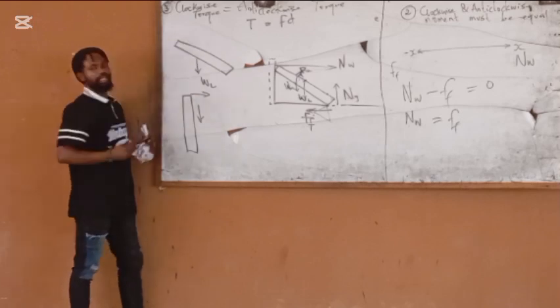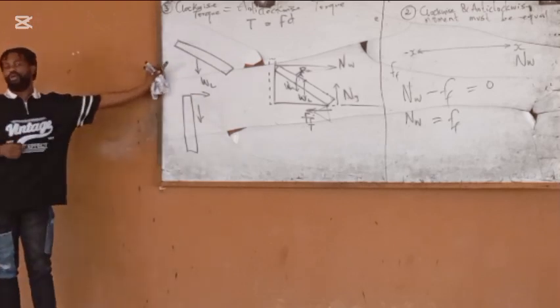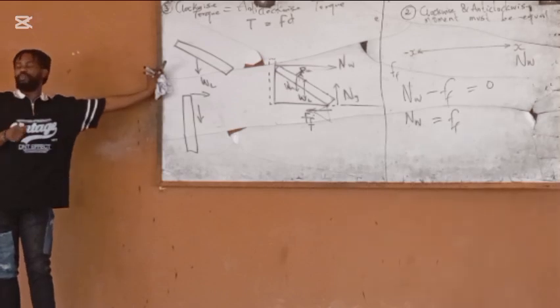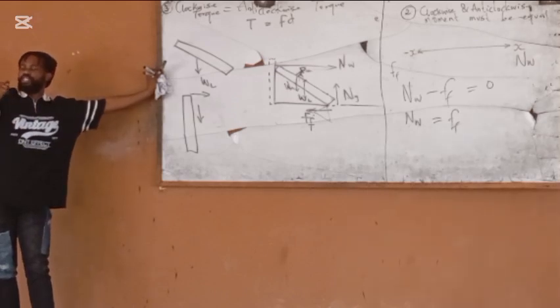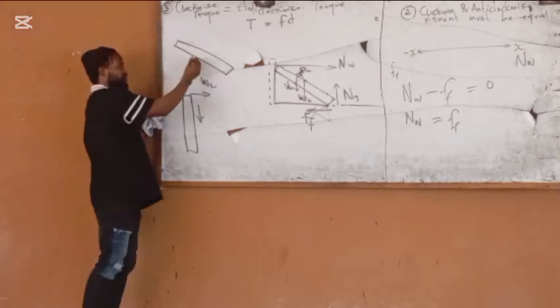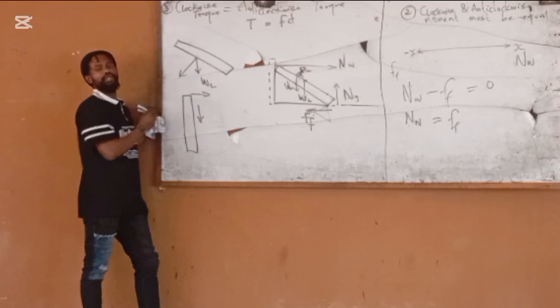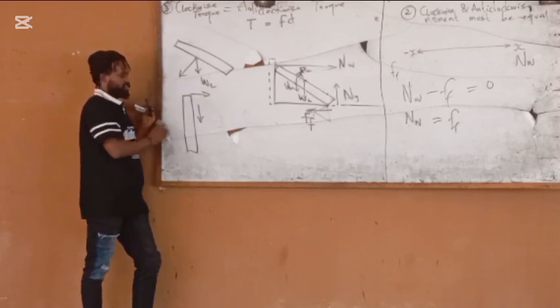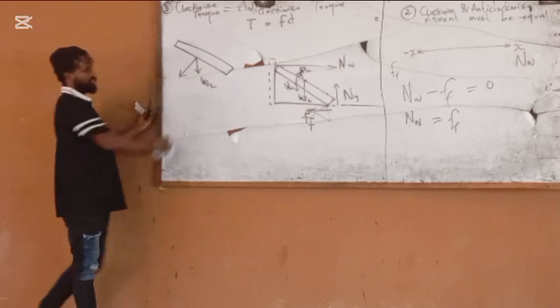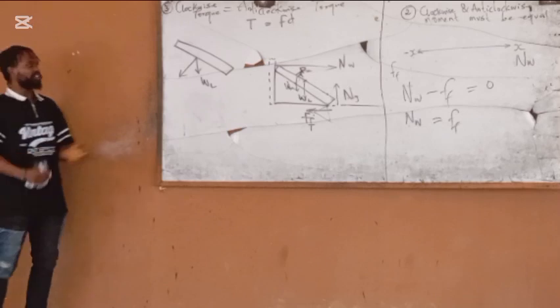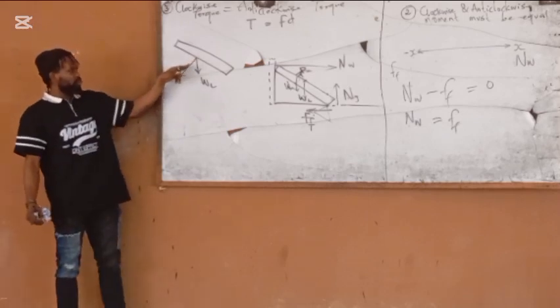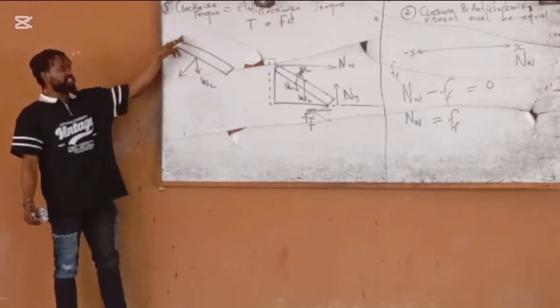Whenever we get the torque, please pay attention. Since torque is simply force acting on an object and perpendicular distance, it must be 90 degrees. So this particular force is at 90 degrees when the force is going through. Watch now, I've pointed this force to be parallel to this because this is the ladder.